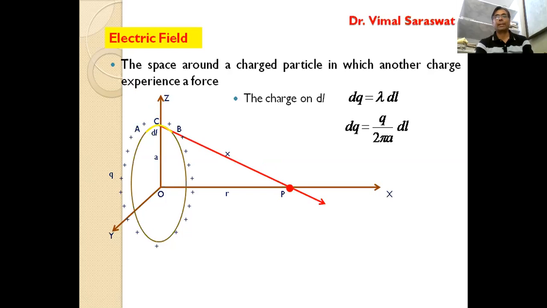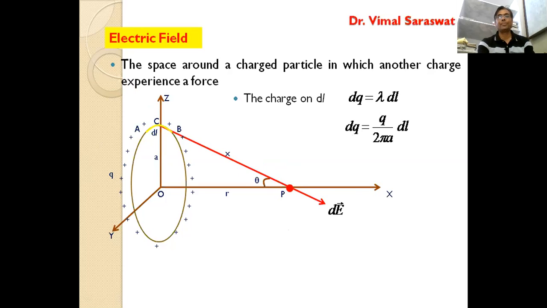Now we connect point P with C, and the length of CP is x. So electric field at P due to this small portion will be in this direction, along CP. Let the electric field at P due to dq be dE.